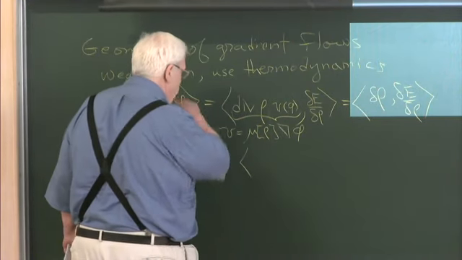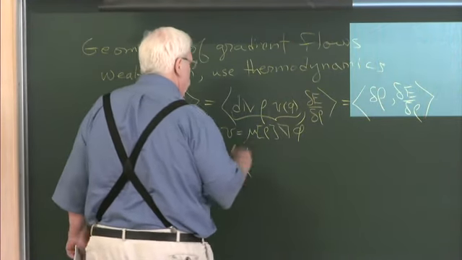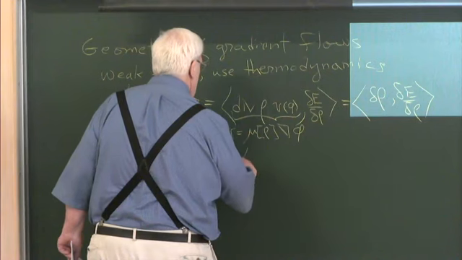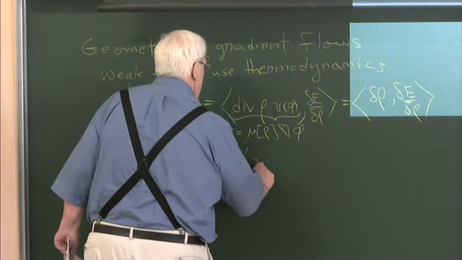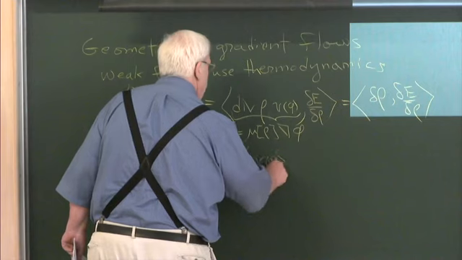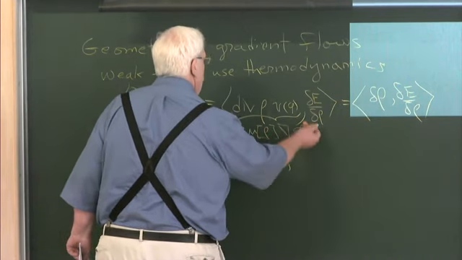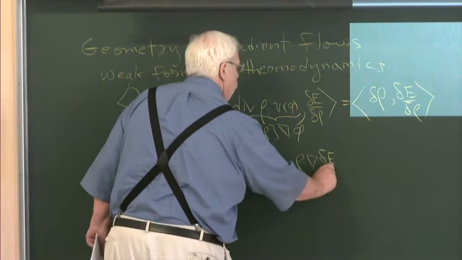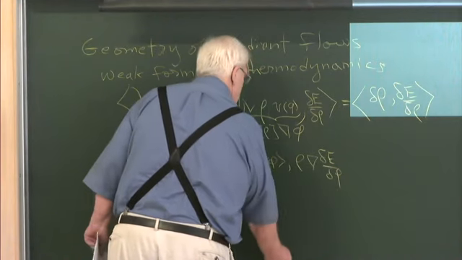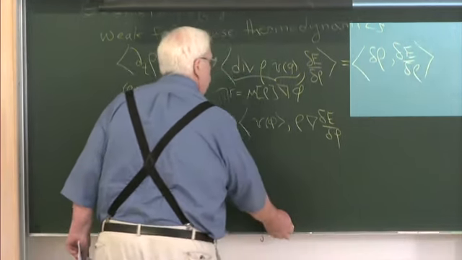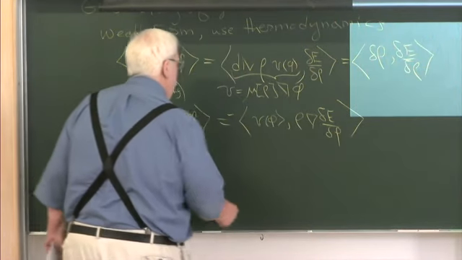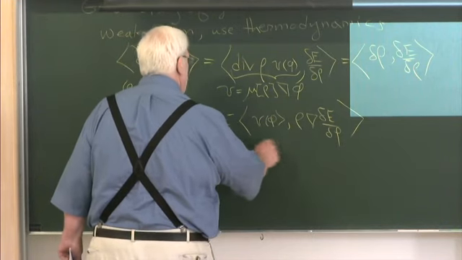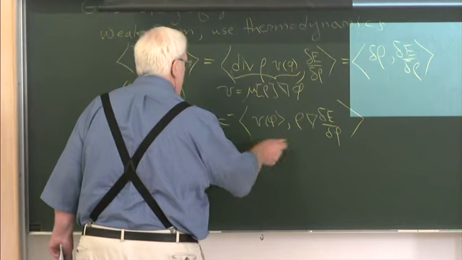This then becomes, I'll do it in 2 steps, so minus v of phi paired with rho grad dE d rho.